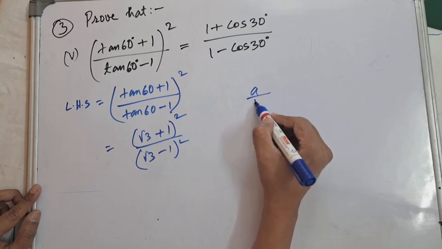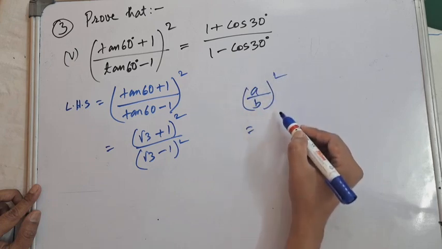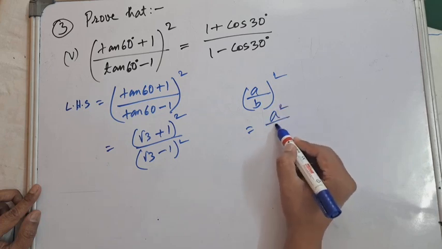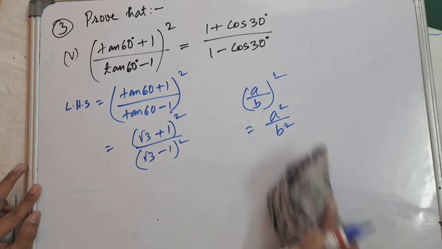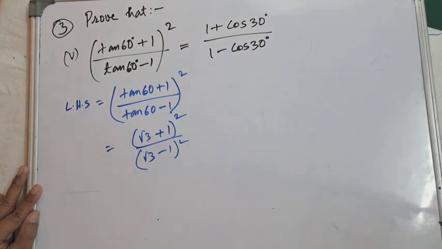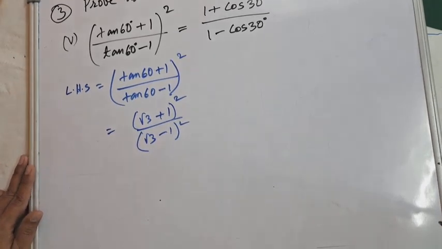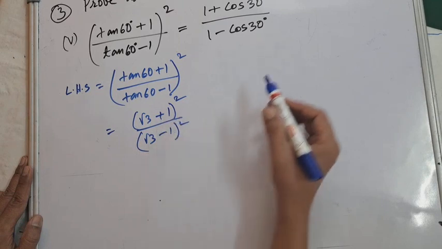A upon B whole square. If we have a number like this, A upon B whole square, we can write this as A square upon B square, okay? Now let us put the formula of A plus B whole square. A is root 3 and B is 1.